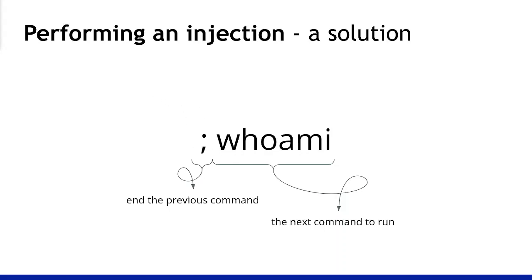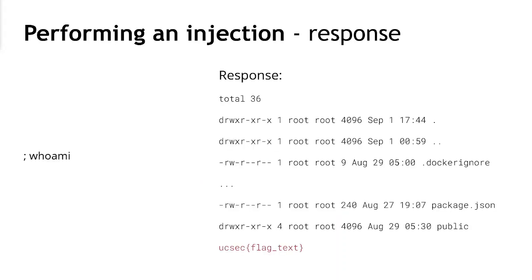What that indicates is that the previous command has finished, and this is a new command. If we enter that, we will see some response where we still see the ls -tac -la command get run, just because it doesn't need any arguments to run. But at the very end, appended to our response is the flag, which is pretty nice.